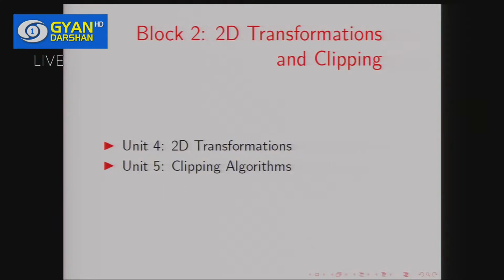Now in block 2 there are 2 units, which cover 2D transformations and clipping algorithms. 2D transformations are transformations in 2 dimensions, like translation, rotation, scaling, shear and other transformations.